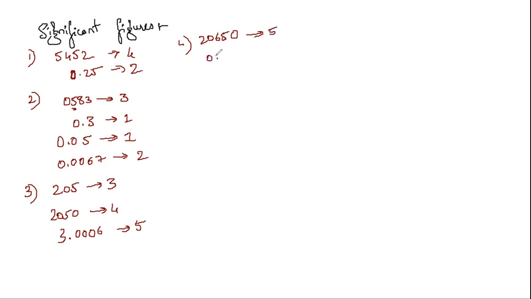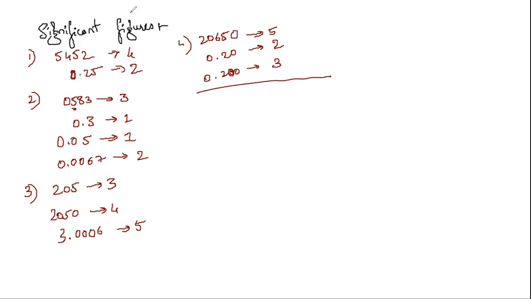Or 0.20. How many significant figures? Two significant figures. 0.200, three significant figures. But otherwise, the terminal zeros are not significant if there is no decimal point. So there should be a decimal point, then it becomes significant.